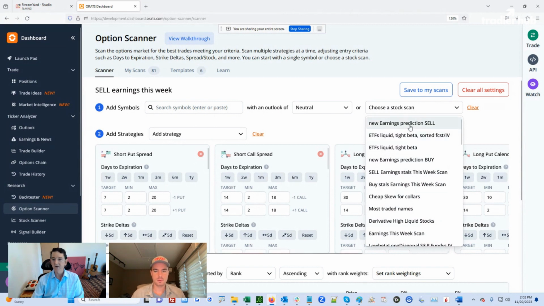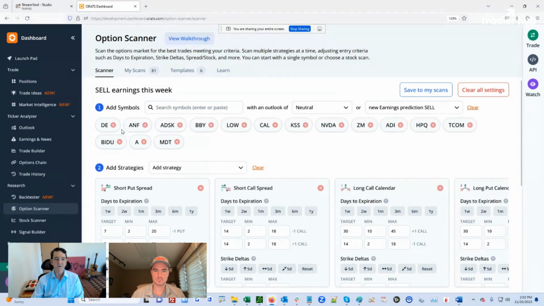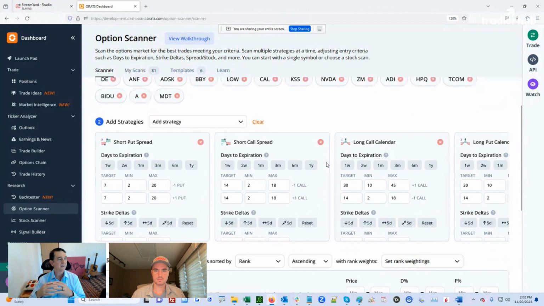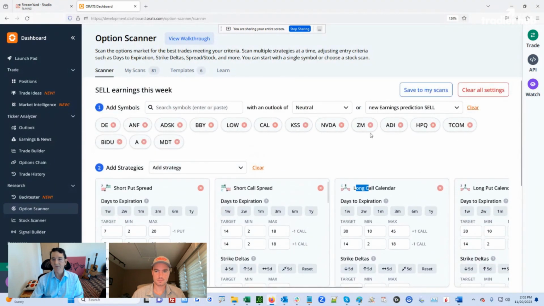Our stock scanner basically finds the trades for companies coming up, and then it finds some ways to play it short. So we think that the movement the market is implying is too high. So using a short put spread, a short call spread, or a calendar, you could take advantage of that. So we set these up. We did this last week, and one of the trades that came up was Palo Alto. So we're going to go over how that trade did.